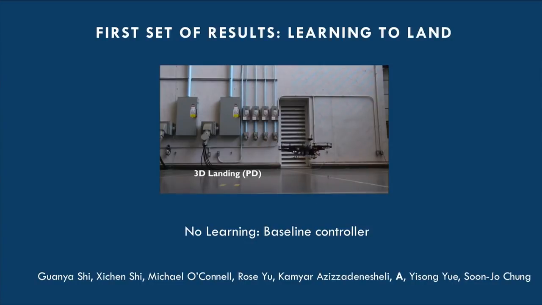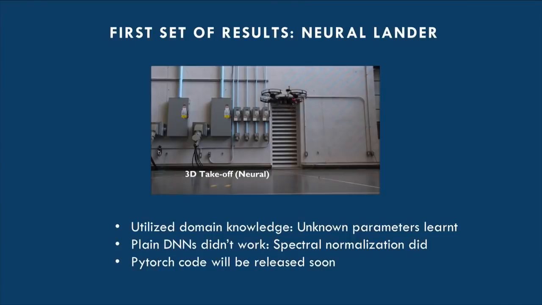This is the standard baseline control algorithm, the PD controller. So instead, we asked, if we used a neural network to learn a ground effect model and correct in terms of a residual, how does the landing improve? And so you can see here that it's able to land much quicker.